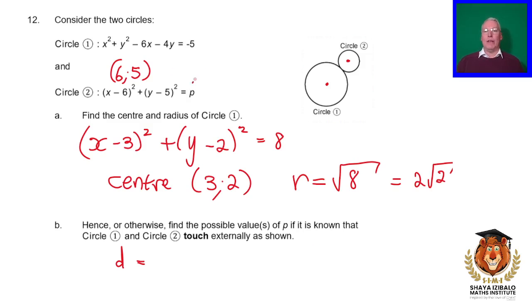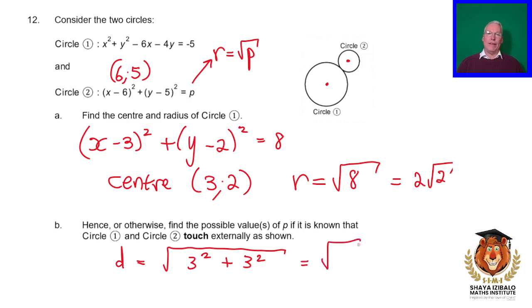And this circle here has got a radius of the square root of P. So the distance between the centers from 6, 5 to 3, 2, that is a change of 3 squared, and 5 to 2 is also 3. We actually get the square root of 18. And the square root of 18 is actually 3 root 2.